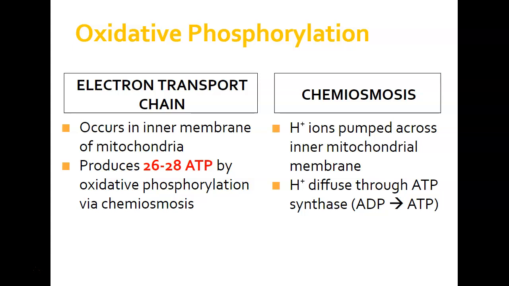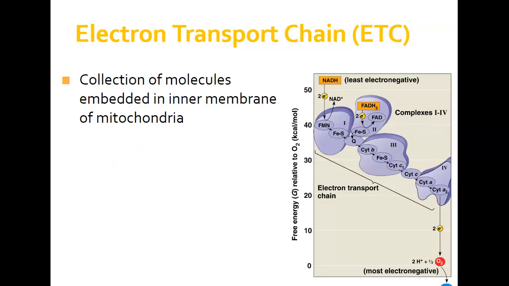As electrons are falling down, the protons are pumped against their concentration gradient, so that creates an even stronger gradient. And then they will diffuse through an enzyme called ATP Synthase, and that fuels the necessary work to generate ATP from ADP. So we'll talk about this in depth.